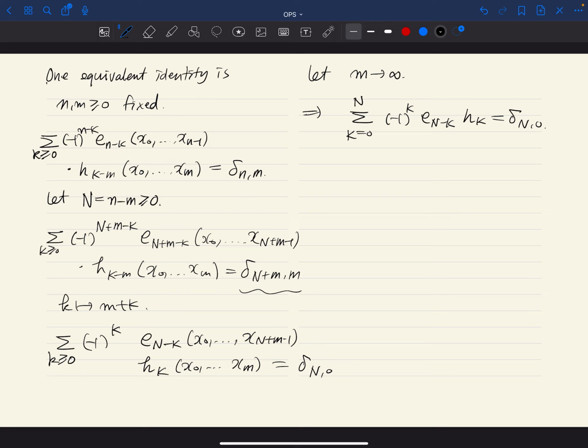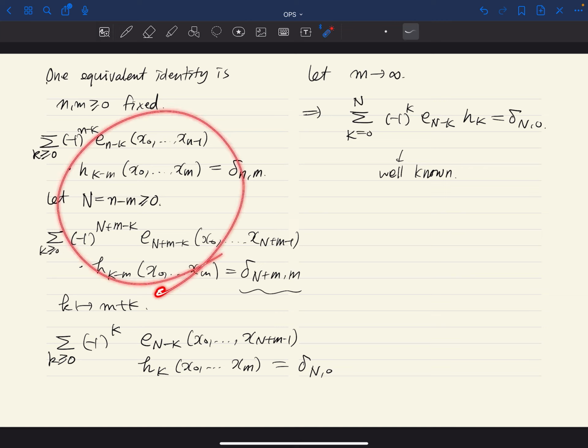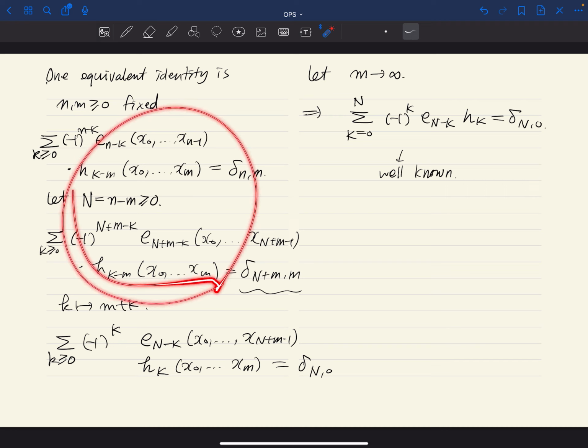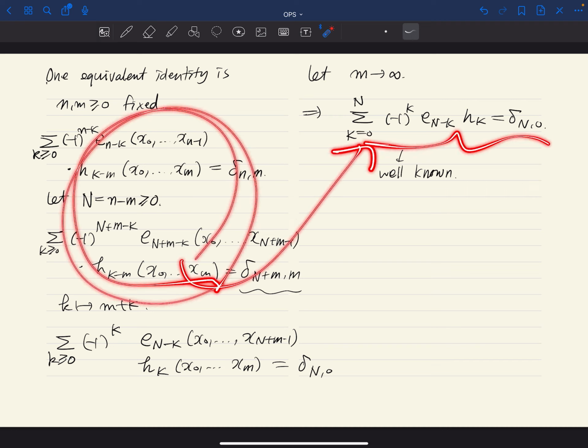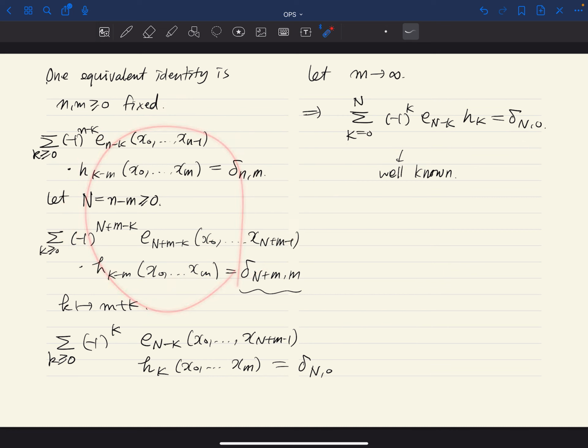And this is actually a well-known identity in symmetric function theory. So it's probably one of the most elementary results in symmetric functions. So our result here is more general in that sense. We can derive this well-known identity from it.